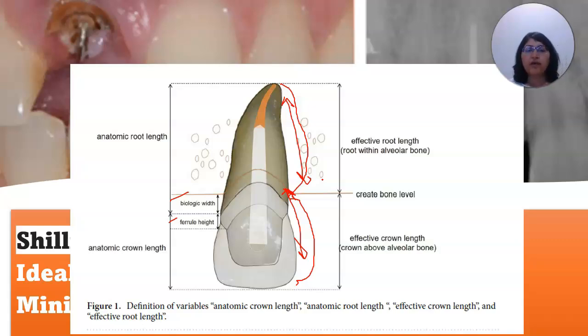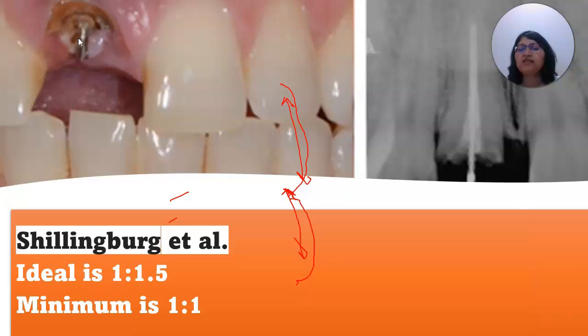So let's go back to this picture, and if we can see in this picture, this is not my case, this is a random picture I got, but in this case there is a post there. Probably it looks like the crown and the core build-up material are gone. Now in this case, there are two options.